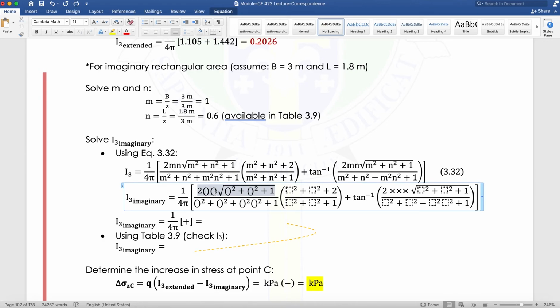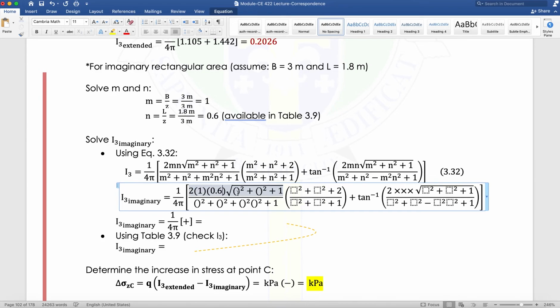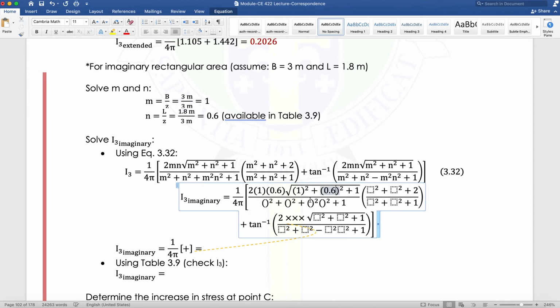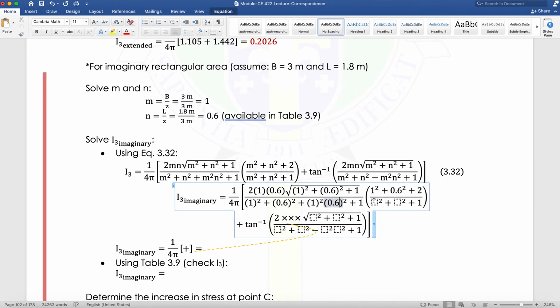So, we have 1, 0.6. Tapos, we have 1. We have 0.6. Tapos, sa denominator dito, we have 1 squared, 0.6 squared, divided by 1 squared, 0.6 squared, plus 1 squared times 0.6 squared. Okay? So, ganun lang.